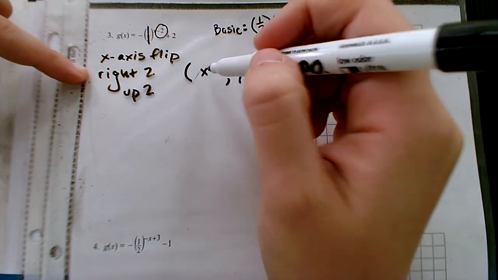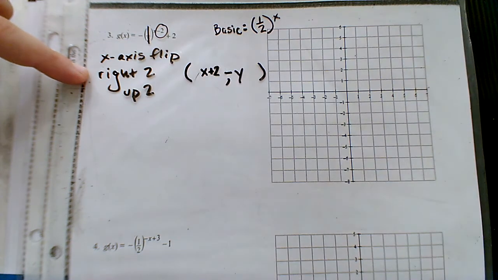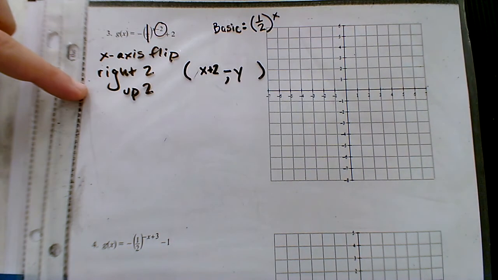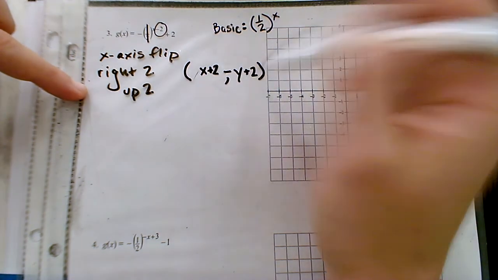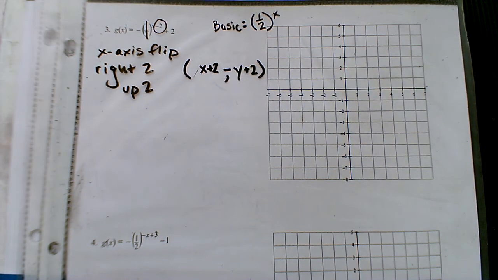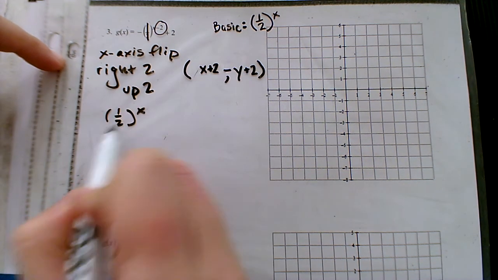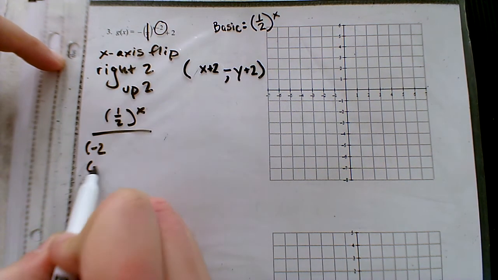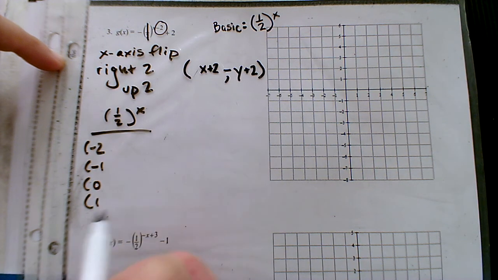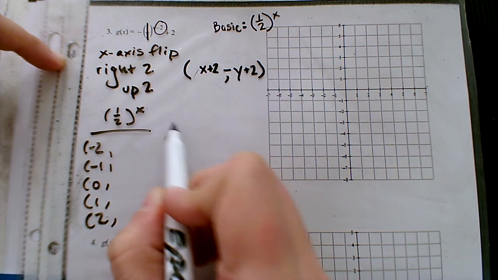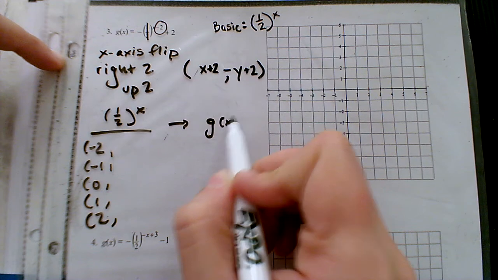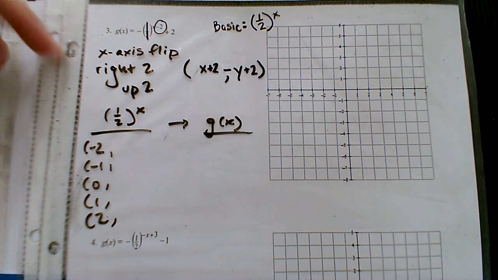Right 2, it'll be a plus 2 on the x, and then up 2, plus 2 on the y. All right, so somehow we're going to take a few points from this basic beginning graph, and then we'll change them into the points for our new graph.